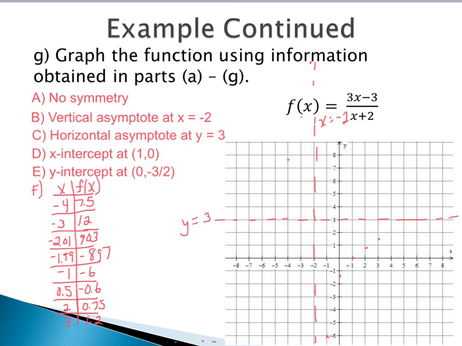To the left of our vertical asymptote, it goes up to positive infinity, but eventually it's going to come down and ride along our horizontal asymptote. For the right side of our vertical asymptote, we know that we're going down to negative infinity as we get close to the asymptote, and then we're going to be riding along our horizontal asymptote. And again, definitely use your calculator to check your answer to see if we get the same picture, and hopefully we should.